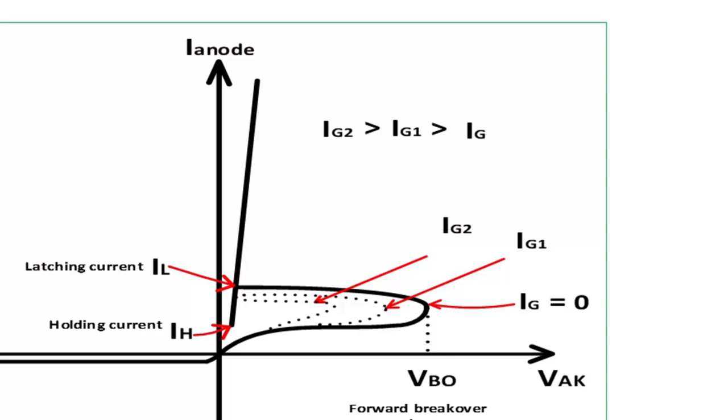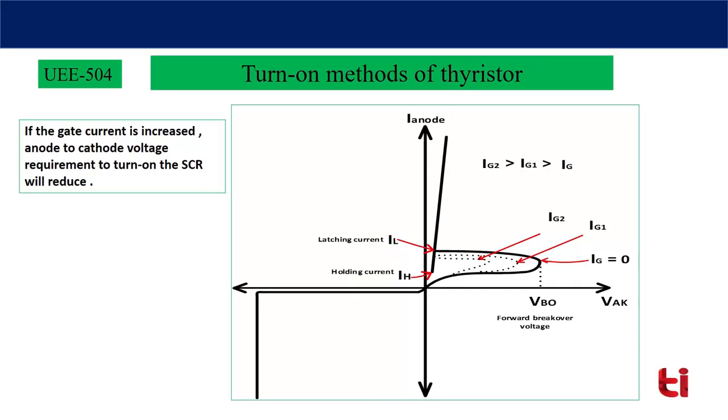So we can see here that if we increase the gate current, then the anode to cathode voltage required to turn on the thyristor is reducing. So it is obviously the best method, because at low voltage and low current we can turn on the thyristor. That is the most preferred and suitable method to turn on the thyristor.